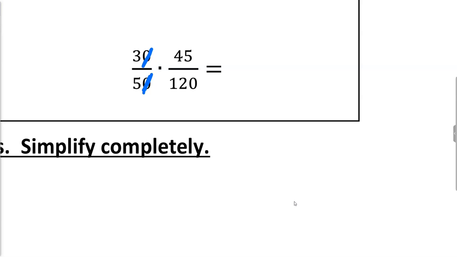You can go straight up and down. It's not really a cross because when you're multiplying, you're just extending the line between them, and everything is on top and everything on bottom. Exactly. 5 goes into 45 9 times. 3 goes into 120 40 times. 9 over 40.